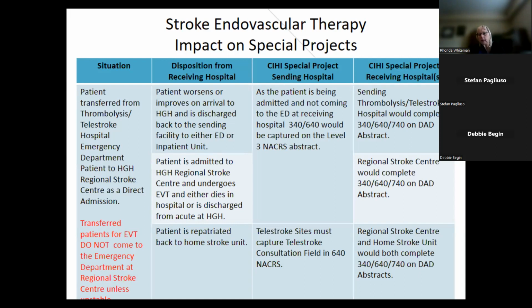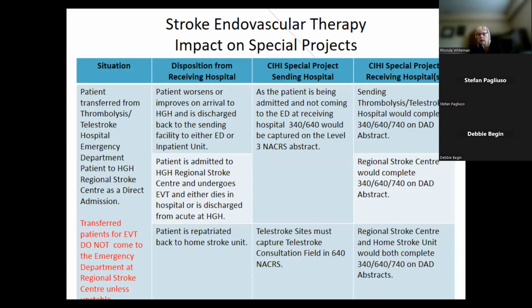If the patient is admitted to the Regional Stroke Center and undergoes EVT and is discharged from acute, then the Regional Stroke Center would complete all of the special projects on the DAD abstract. As many of our EVT patients are, they would be repatriated back to their home stroke center.